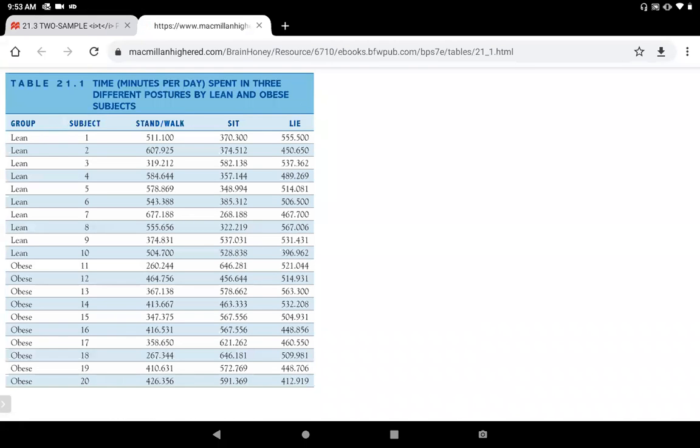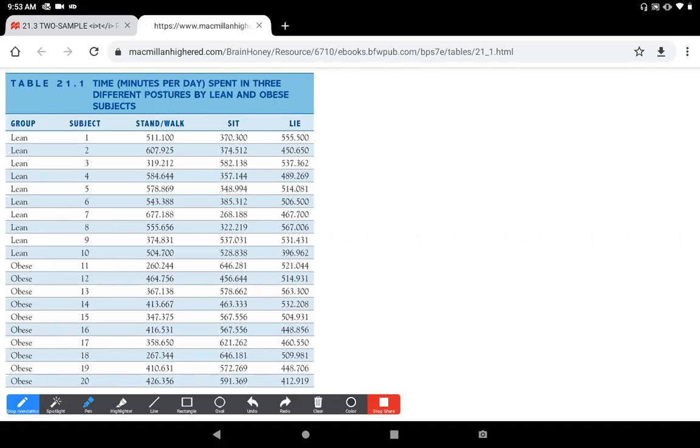All right, it's perfect. So I use my TI-30 XIIS, the little blue calculator, to help me find x bar and s for the information in the lying down column.